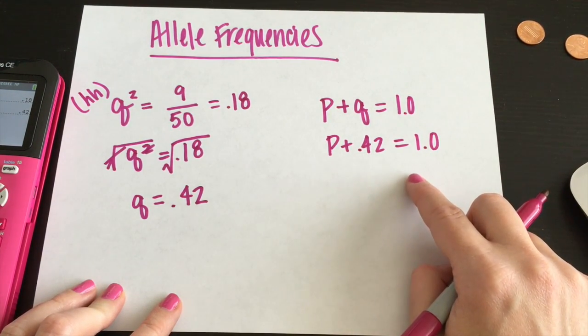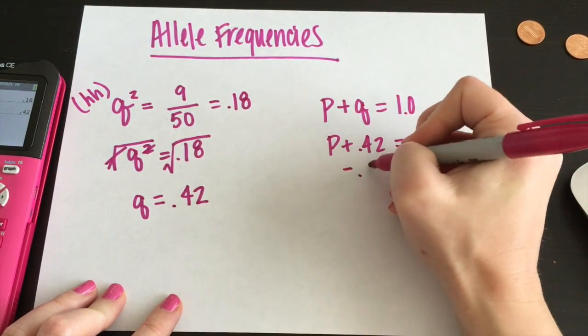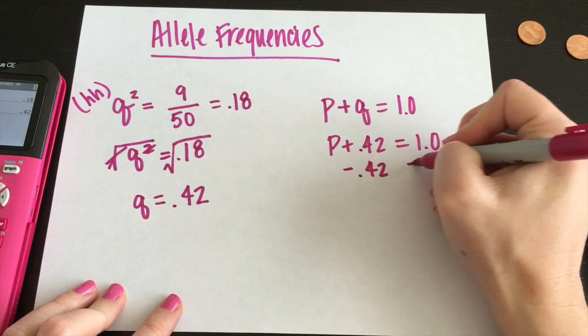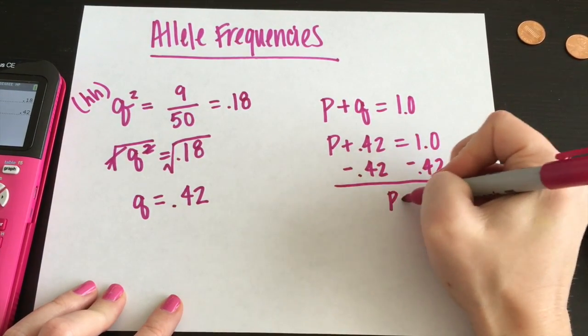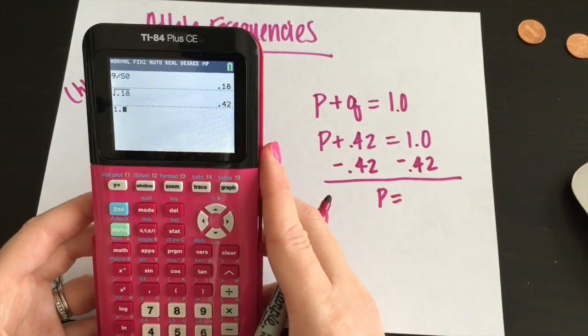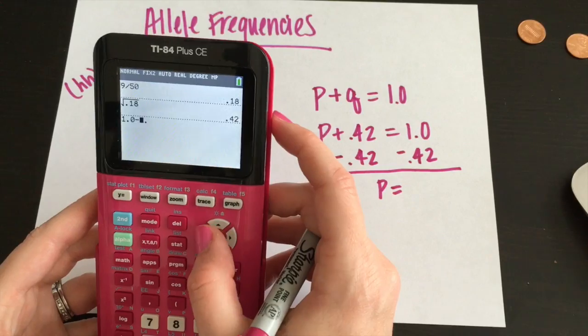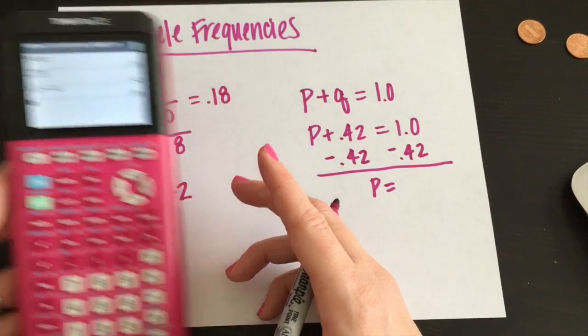Remember in algebra when you're solving for x, it's the same exact thing here. If we want to get p by itself, you subtract 0.42 from both sides. And I'm going to avoid doing any head math, so I'm going to go ahead and do this math out. And let's type in the right numbers. And everything looks good, 0.58.